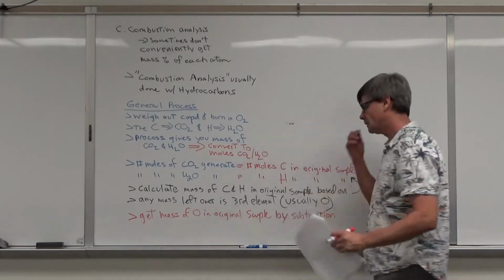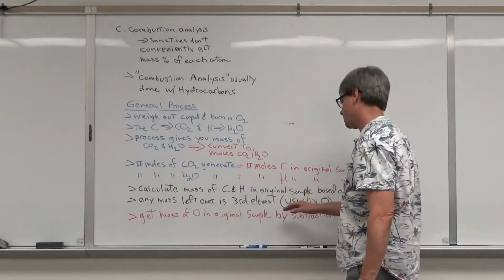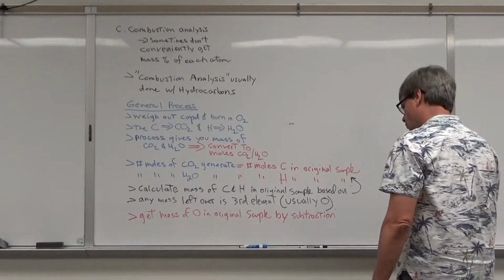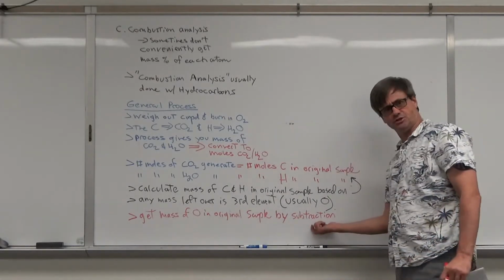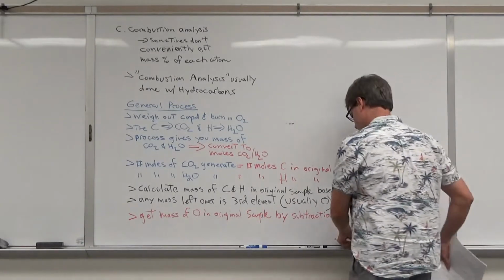You figured out how much mass was left over, or how much mass was from the carbon and hydrogen, subtracted from the total, and that leftover mass is oxygen. Once you know that mass of oxygen in the original sample, you can figure out the moles of oxygen in the original sample.